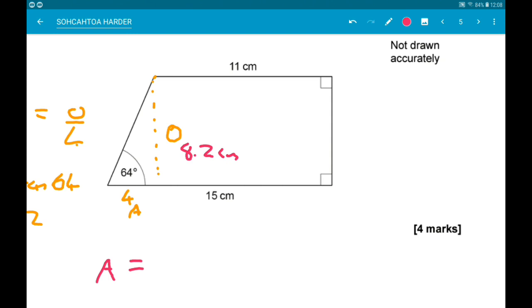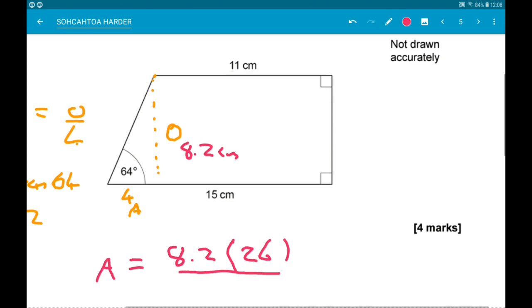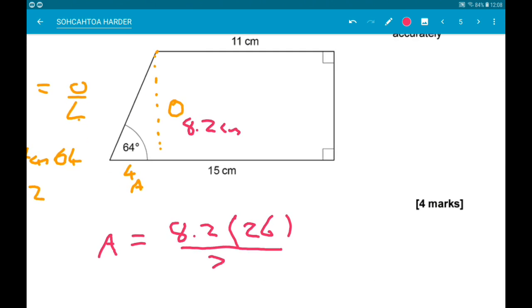So it's 8.2 times 11, add 15, which is 26, all over 2. And that should give you 106.6 centimeters squared.